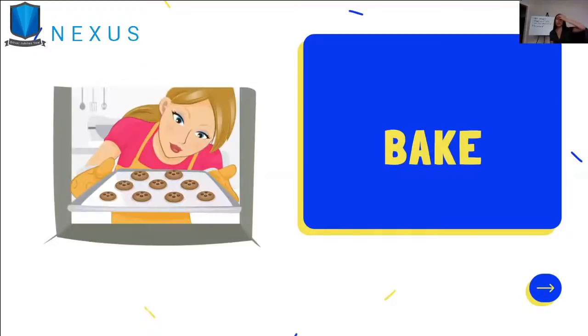Let's go back to this one for a little bit. So bake. To bake, you need an object. So where do you bake things? You need an oven to bake, right? So you put, let's say this is my tray with cookies like that you're in the picture. You have to put them in your oven that is like this big object that gets really, really hot and cooks food.